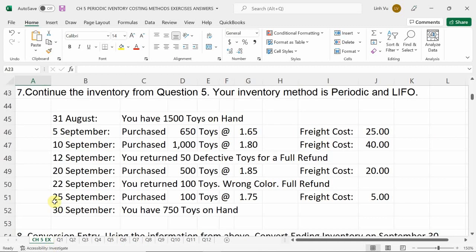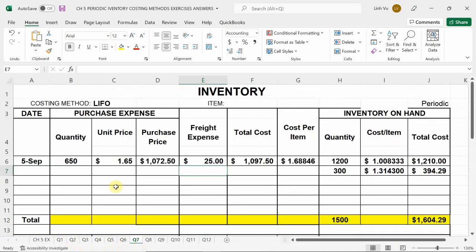Then on September 10, we end up purchasing an additional 1,000 toys at $1.80 with a freight of $40. So in this case, what is my purchase price here? 1,800.